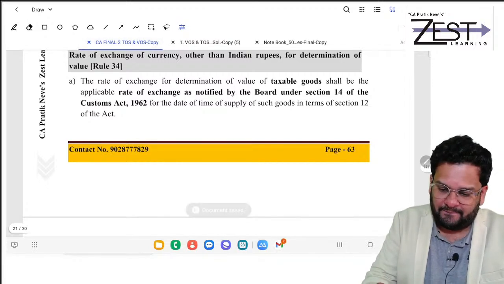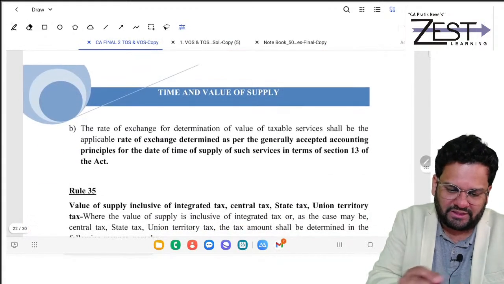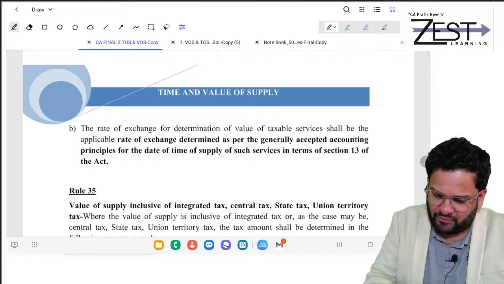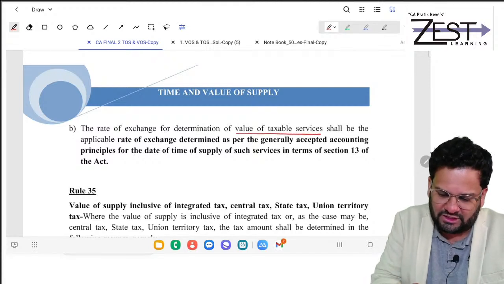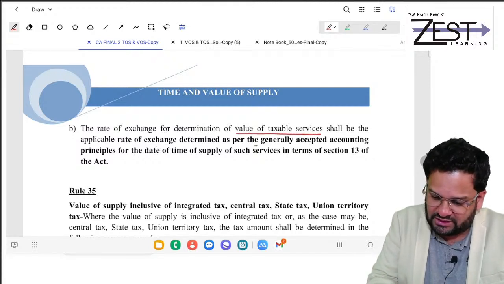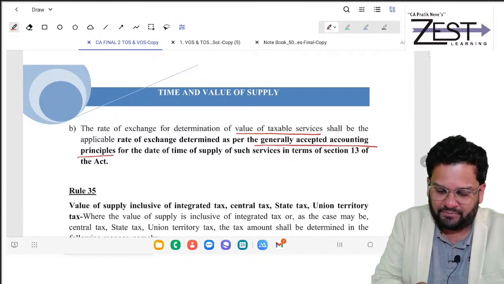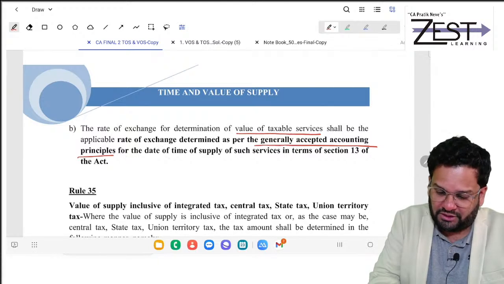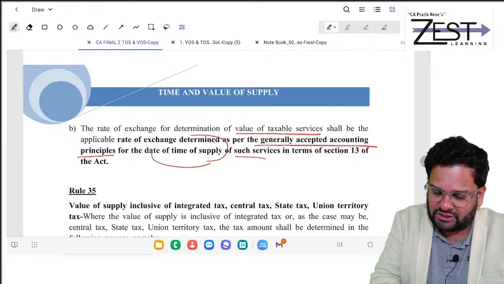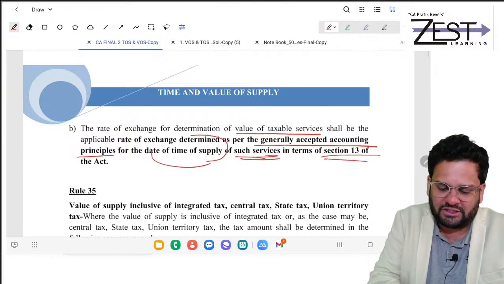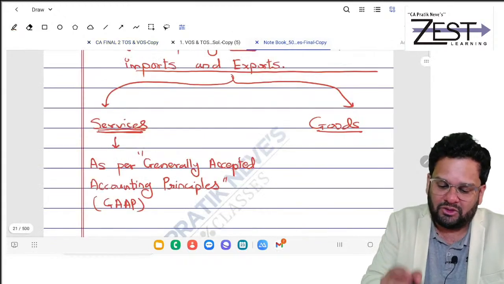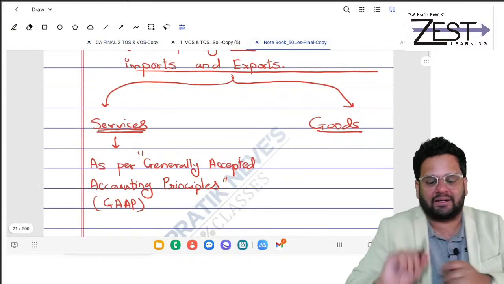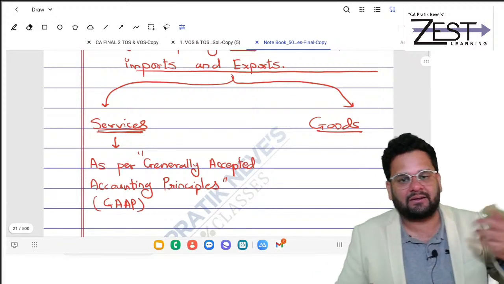For services, the rate of exchange of value of taxable services shall be the rate of exchange determined as per GAAP. As on which date? As on the date of time of supply of such services as per section 13 of the Act. You can check what is section 13 of the CGST Act.